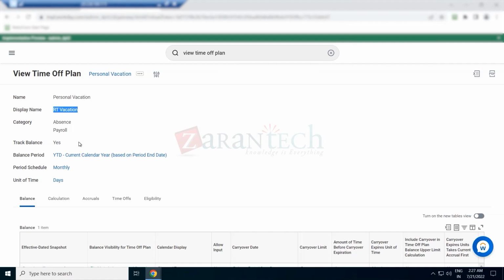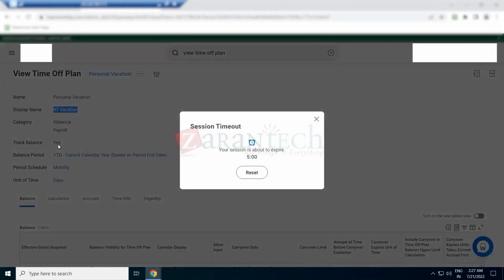You got the point, where we are not tracking the balance. But generally we do not uncheck this box. We check this box, but we make that time off in such a way that there is no balance entitlement. Your bucket does not have any balance. You take as much as you want, and the company is not going to interfere.